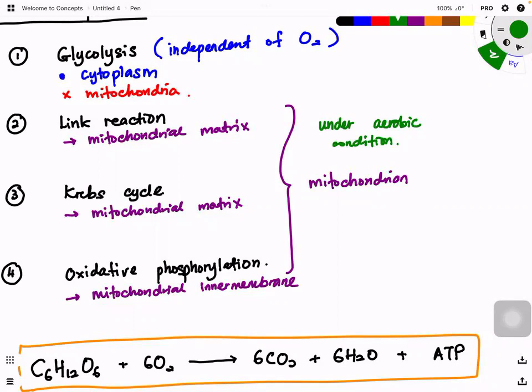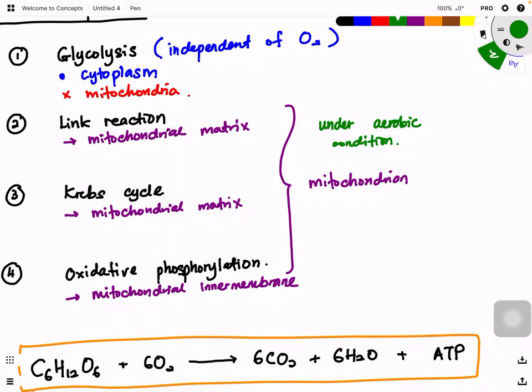Under anaerobic conditions, glycolysis still takes place because glycolysis is independent of O2. Are you clear? Even under anaerobic conditions it continues. But under anaerobic conditions, the mitochondria stop carrying out the link reaction, Krebs cycle, and oxidative phosphorylation. We're going to learn why. Why only aerobic respiration?